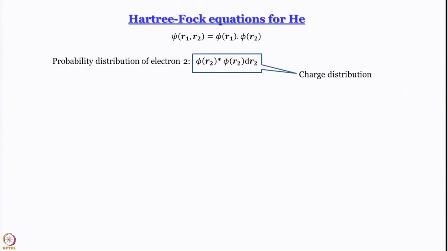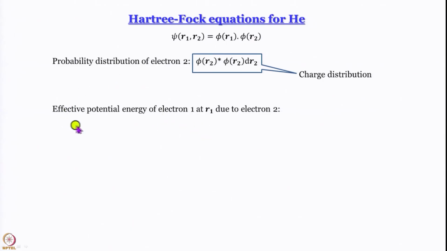Okay. So, what we do next is that we write down an expression for the effective potential energy of electron number 1 at point bold r1, that is r1 theta 1 phi 1. Bold r1 means a particular point characterized by, say, r1 theta 1 phi 1.